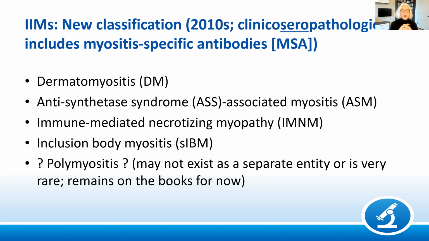So now we have the four categories that you see on top here, and we'll talk about each of them in more detail. And then we still have sort of polymyositis. It has not been completely eliminated from the classification, but most people feel that either it's very, very rare, or possibly that it doesn't exist, and that even those few cases that we might still call polymyositis would actually be better classified as one of these other disorders.